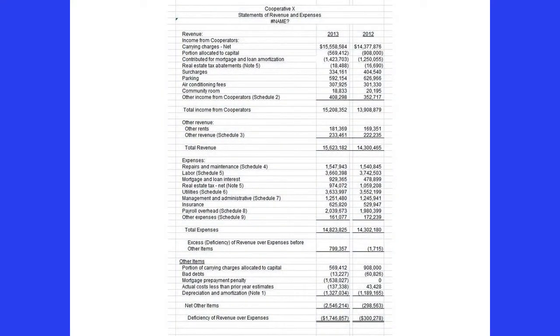Other income are always opportunities to minimize our per room calculations wherever we can find other funding that we can use to pay expenses. We don't need to get it from the people through carrying charges. So what I always say is that there's only the one place for the money to come from in a lot of these properties, and it's from the cooperators.